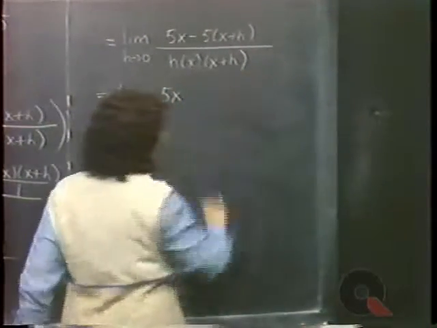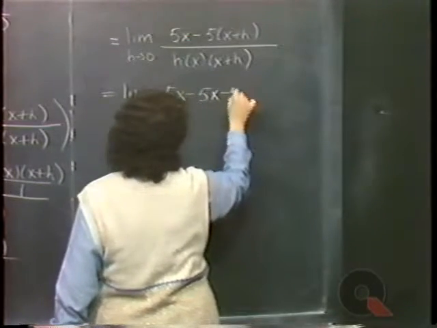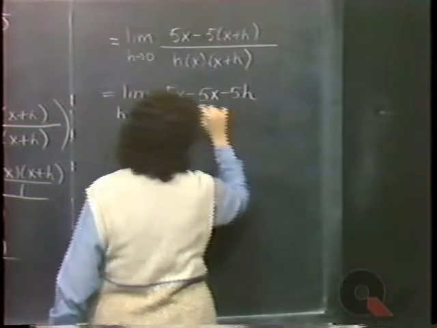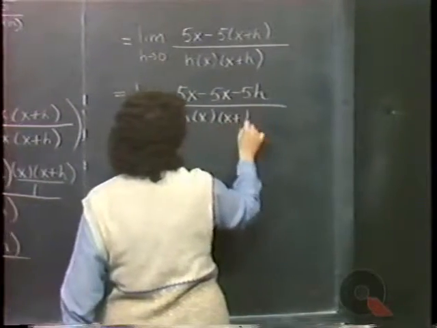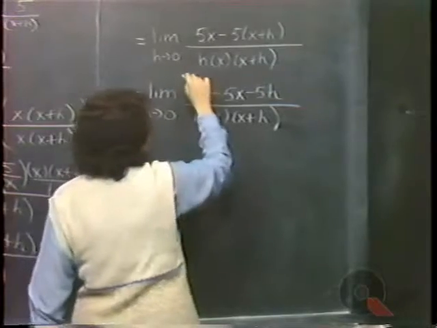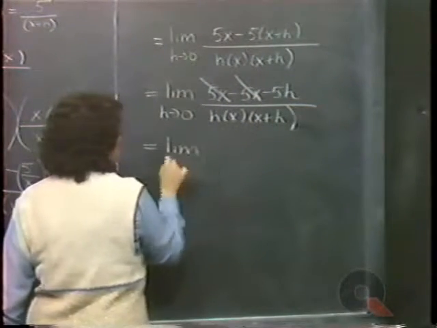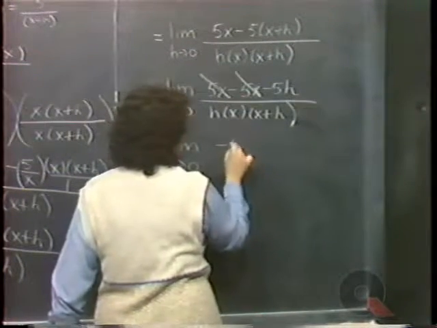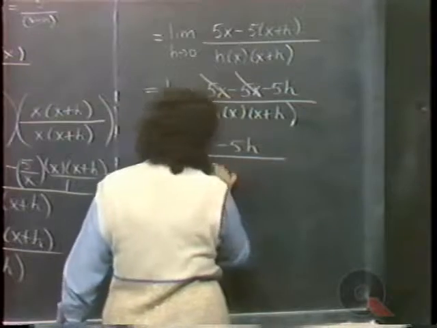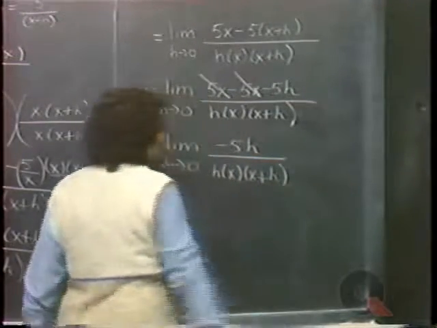The minus 5 has to be distributed through the parentheses. We have minus 5x minus 5h over h times x plus h. The 5x's cancel, giving us the limit as h approaches 0 of minus 5h over h times x plus h.